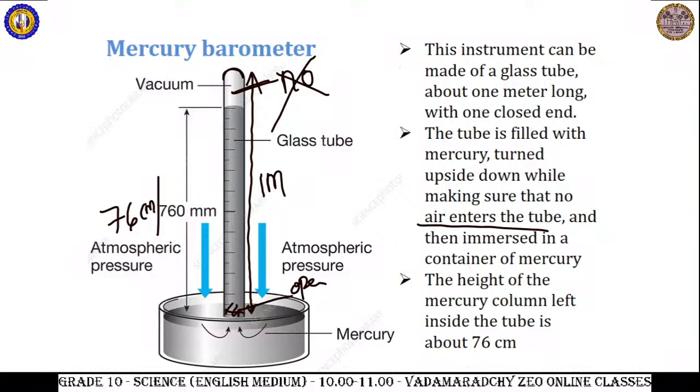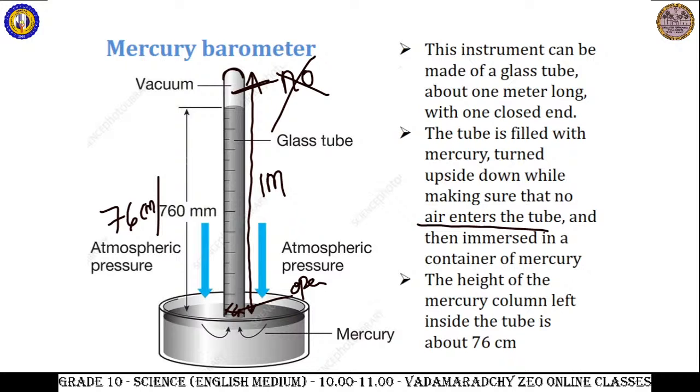For making a mercury barometer, we have to take a 1 meter long glass tube and fill it with mercury. Thereafter, we turn this tube upside down.